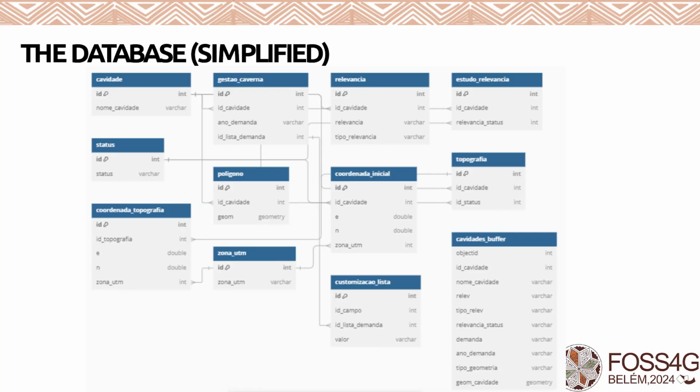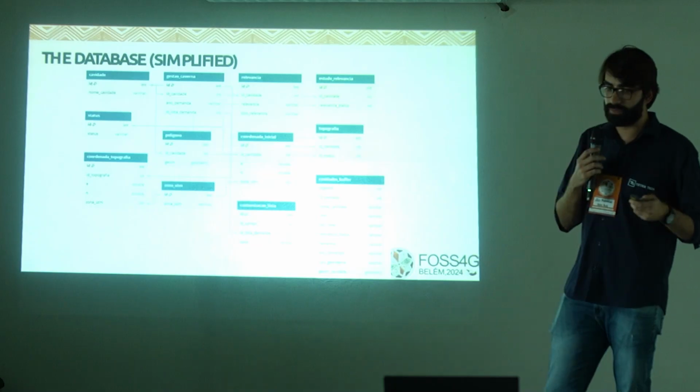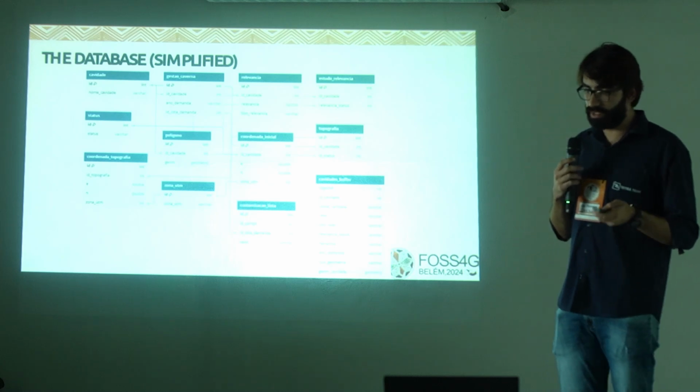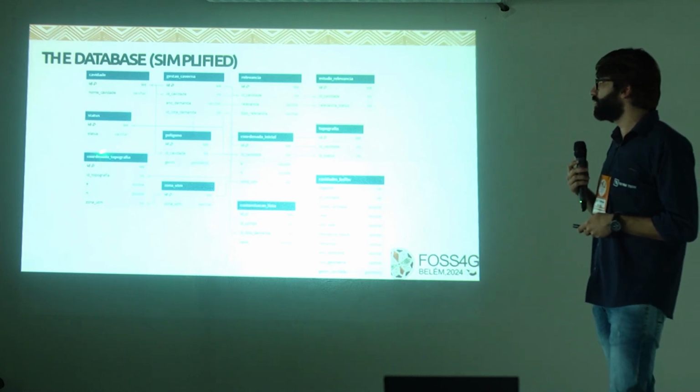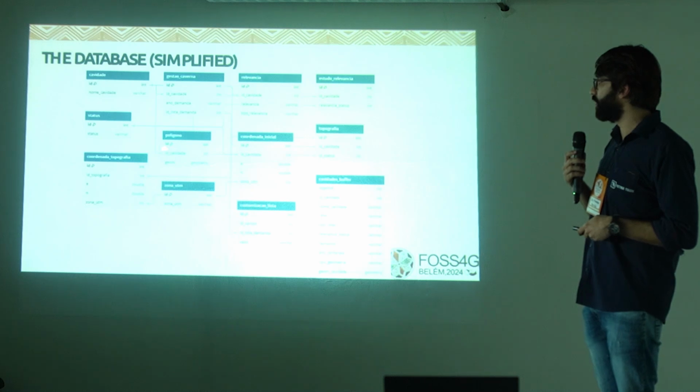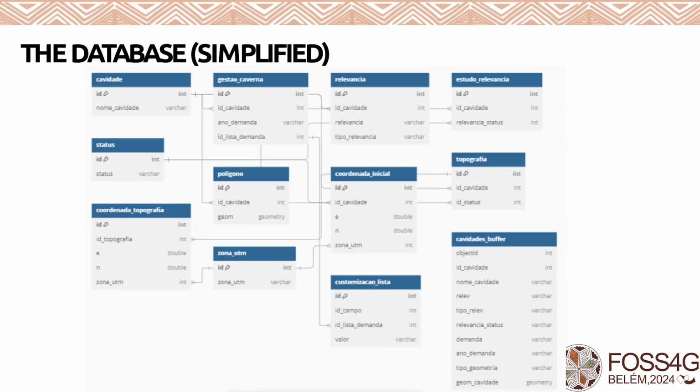All right, you guys might be curious about the database. I brought a simplified version of it because it's pretty extensive and I could be presenting 40 minutes of the database. But I'm going to show the tables that we're mainly using for the purpose of this new development that we achieved. You can see the caves table, the polygon table, the initial coordinates table, the relevance, and they're connected.